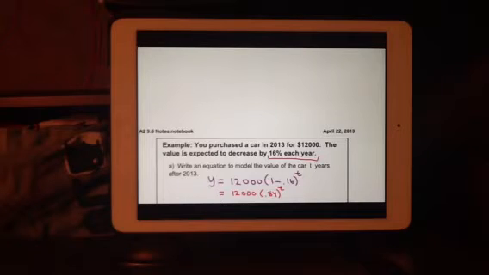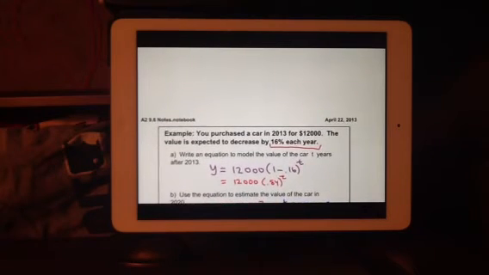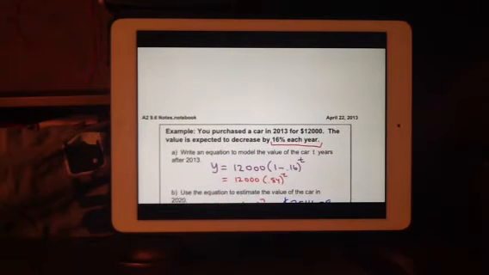Again, 12,000 was the initial value. It's decreasing by 16%, so that means it's worth 84% of what it was the year before. That's where the 0.84 comes from. It's 1 minus that r. And t will be the number of years after 2013. Let's say we want to estimate the value of the car in 2020.